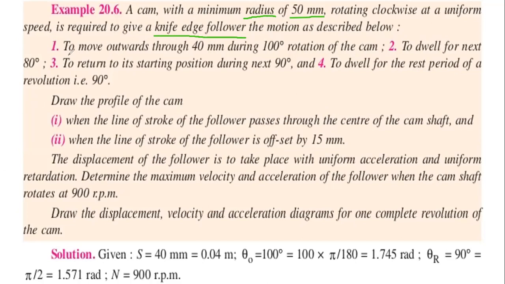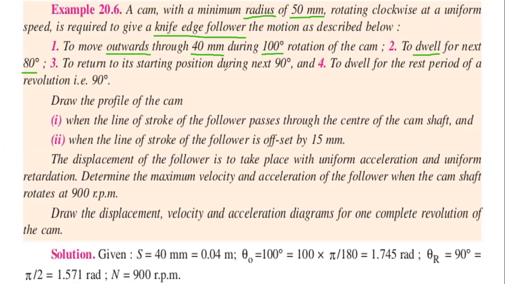To move outwards through 40 mm. So this is the stroke of the follower, which is 40 mm, and this is the outstroke angle, that is 100 degrees. It is given to move outwards through 40 mm during 100 degrees of rotation of the cam. Next, to dwell for the next 80 degrees. So dwell period is 80 degrees.